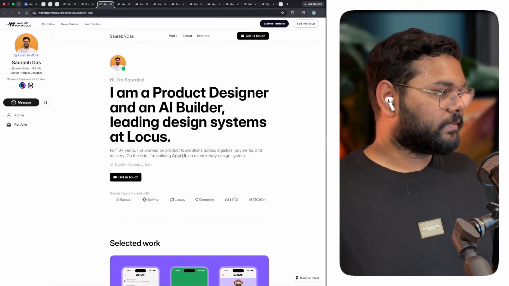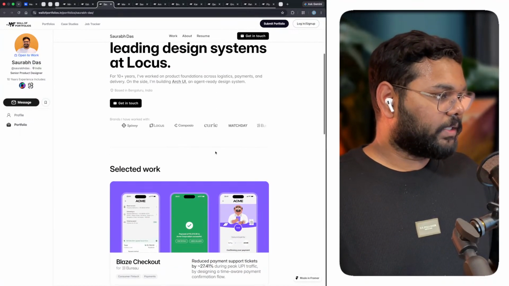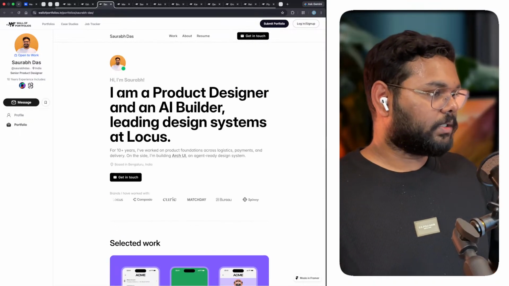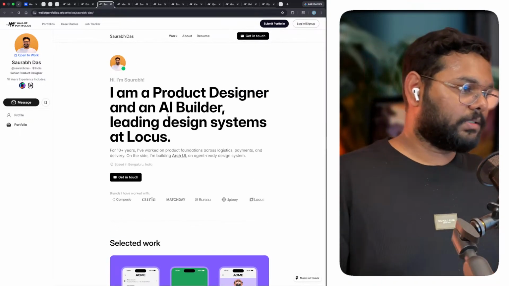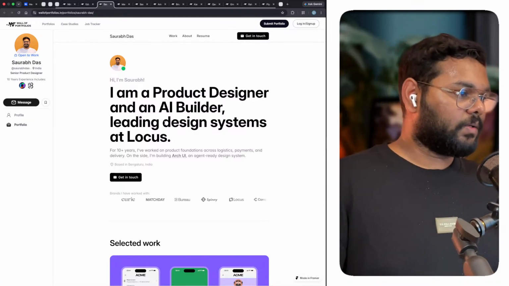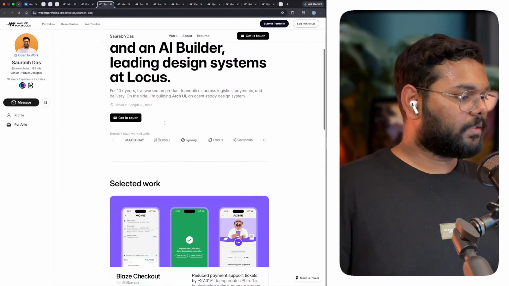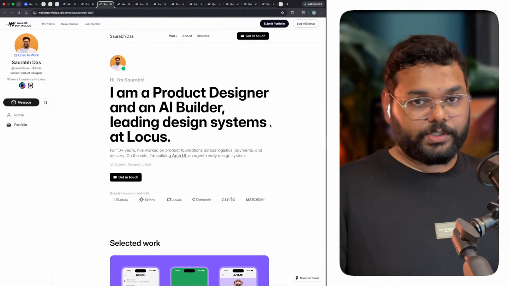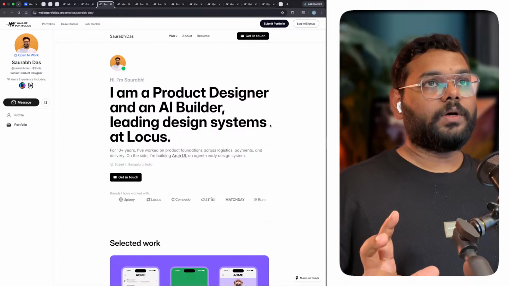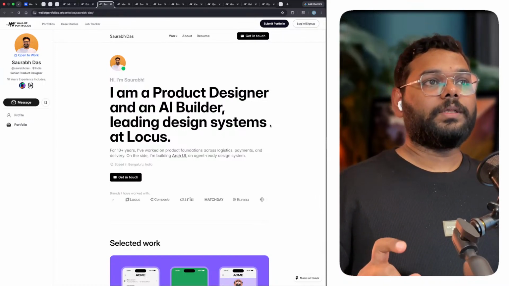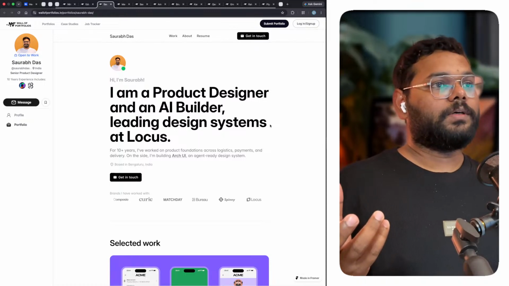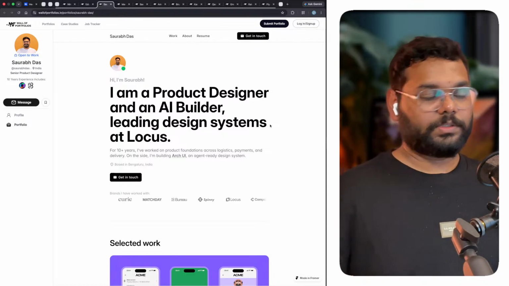Spinny, Locust, brands I have worked with. Good way to start. I'm a product designer and AI builder, leading design system at Locust. One thing for sure, whoever owns a design system has a logical mind and thinks a lot in terms of systems.